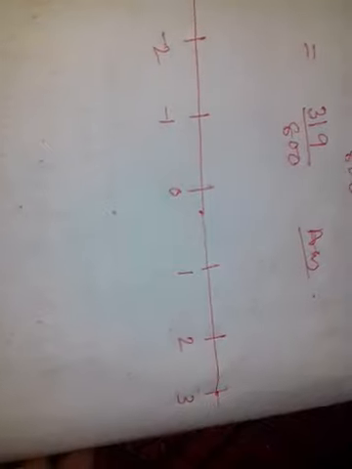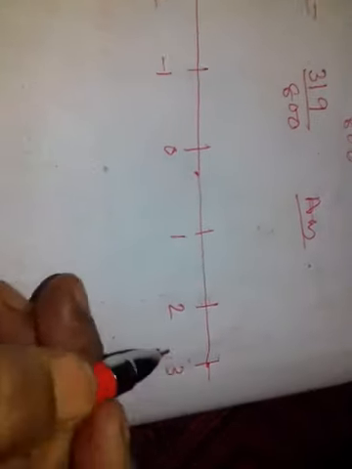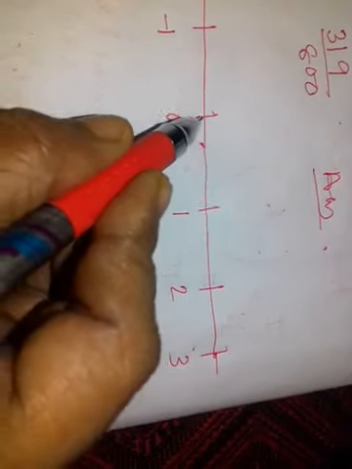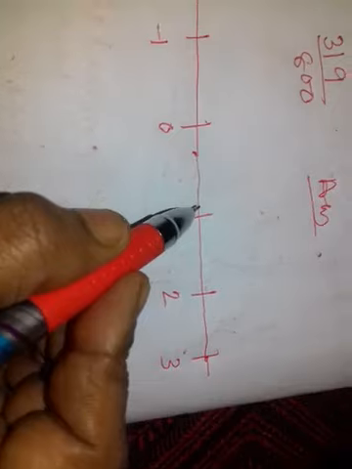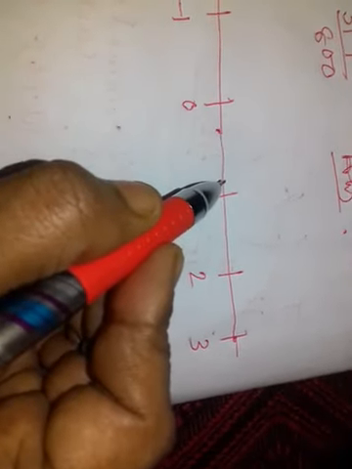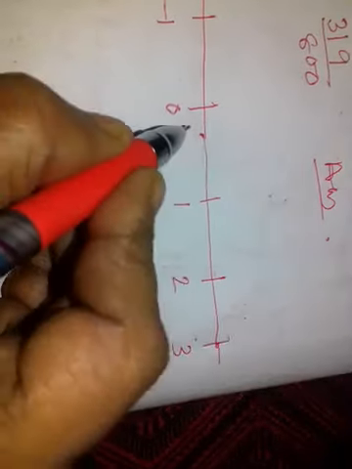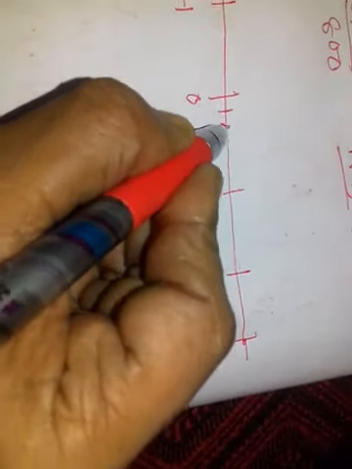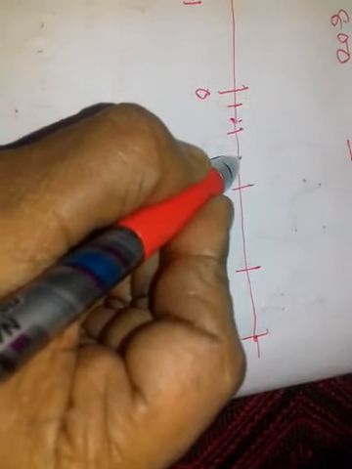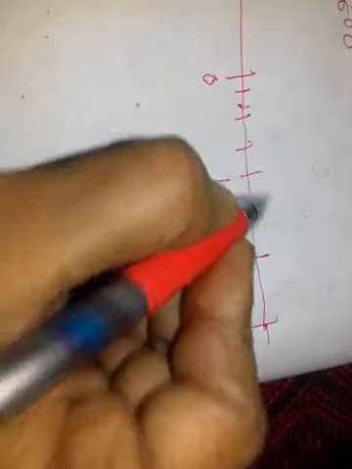Now I am putting the number 1 by 4. 1 by 4 means between 0 and 1. That place I am dividing into 4 equal parts. Denominator is 4, so we will divide into 4 equal parts. 1, 2, 3, 4.